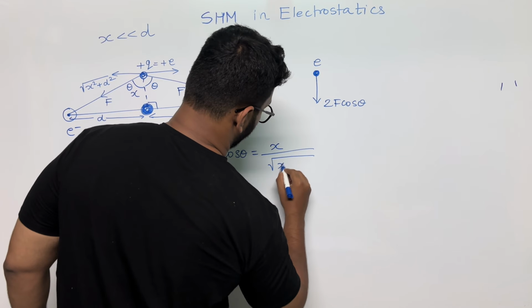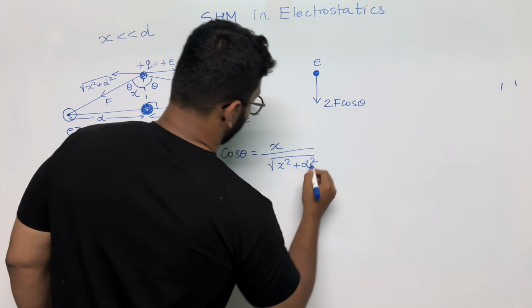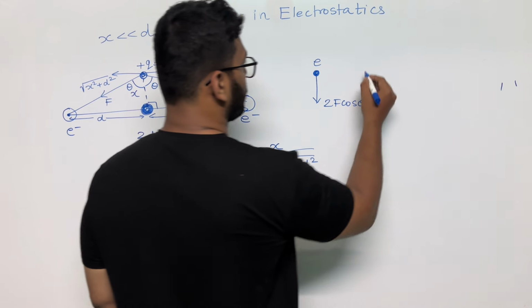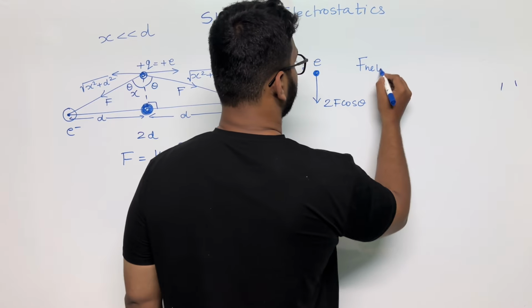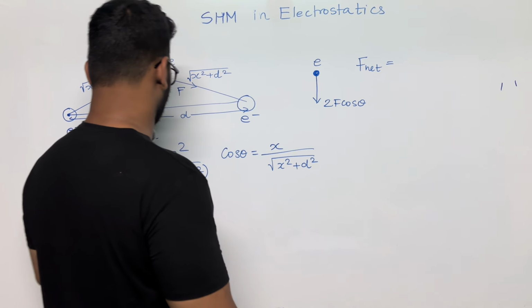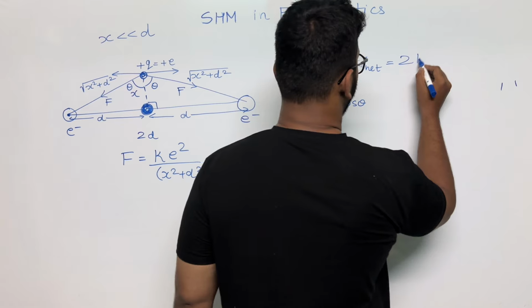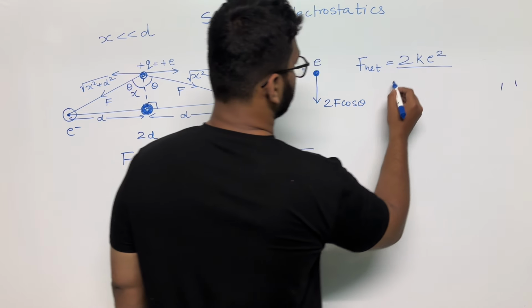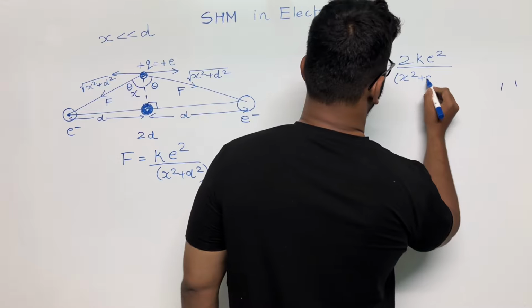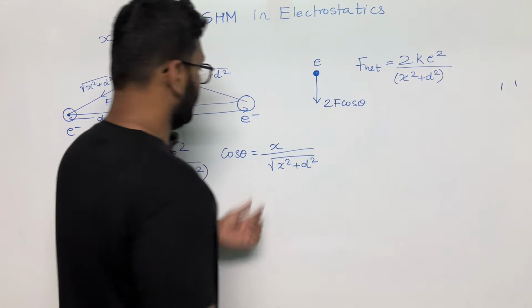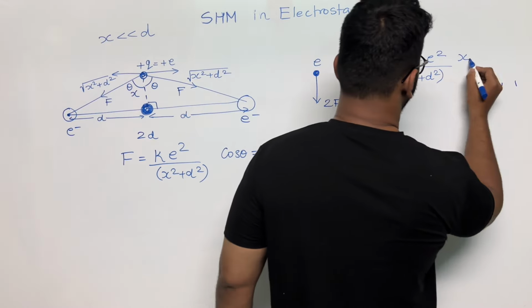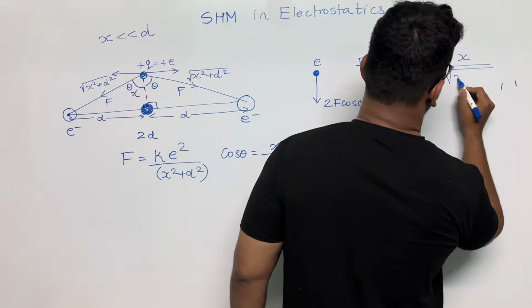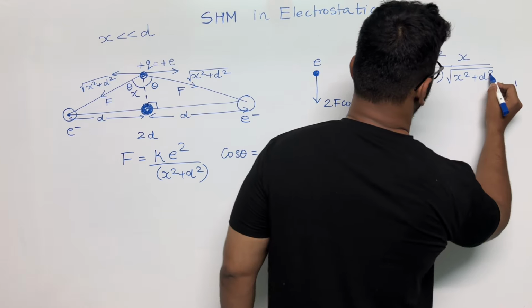Now the net force can be written as 2F cos theta, which is 2k e square divided by x square plus d square, into cos theta, which is x upon square root of x square plus d square.